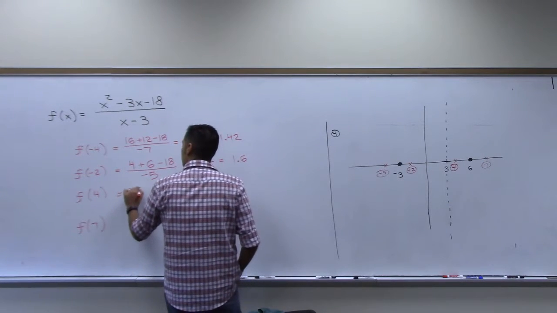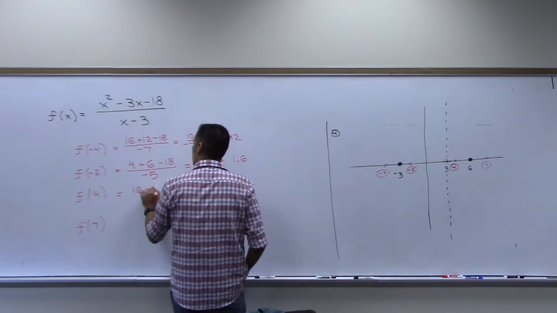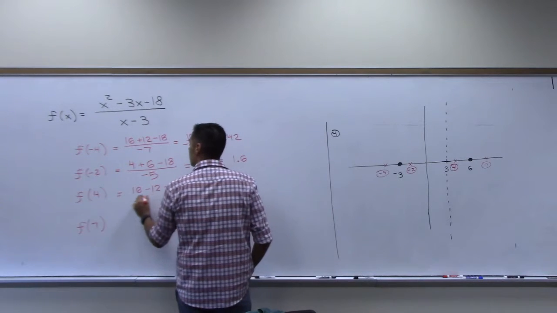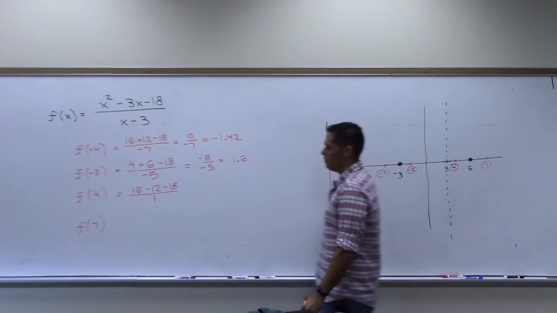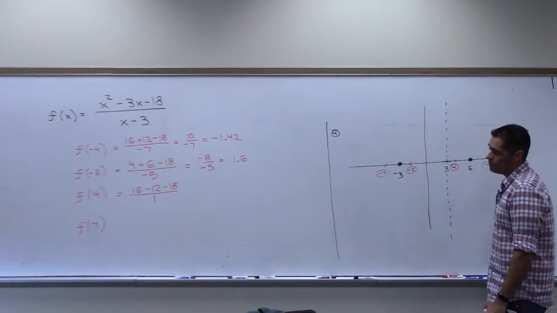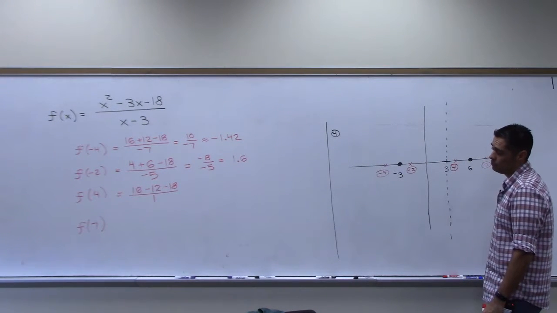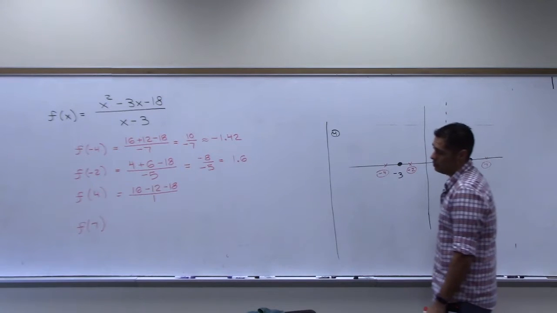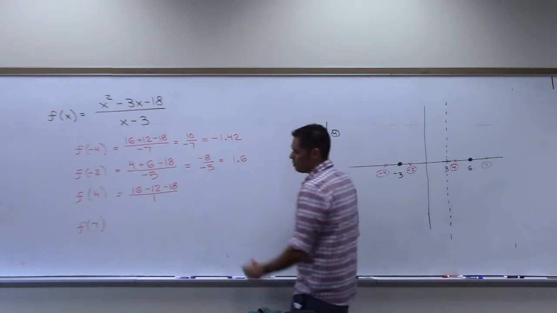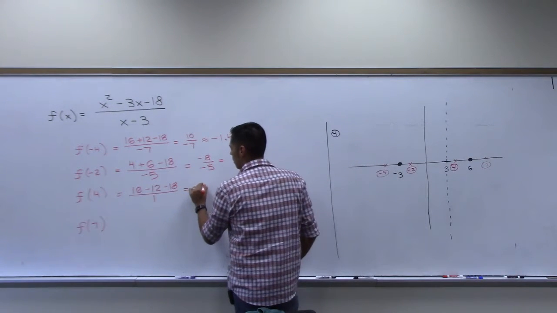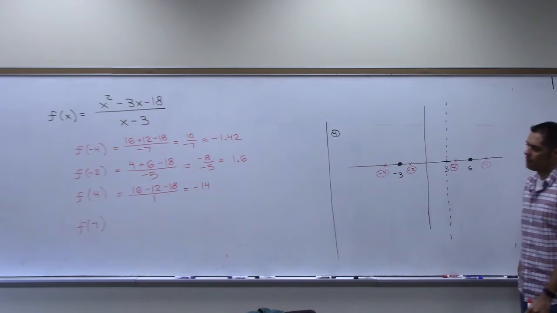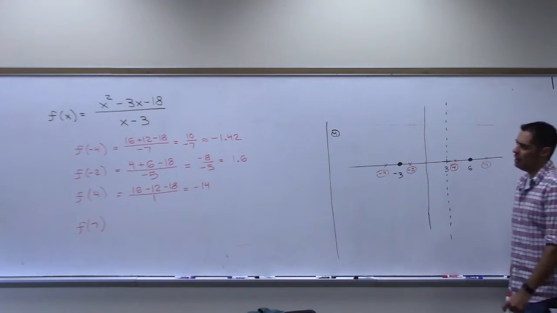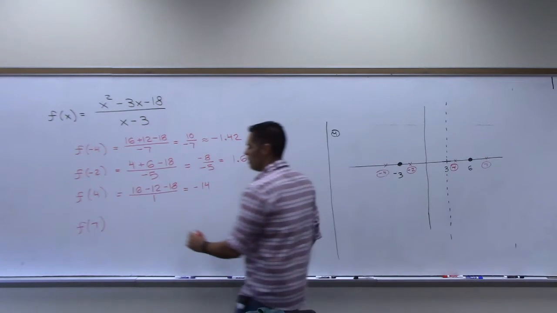Here we're going to get 16 take away 12 take away 18 over, oh that's nice, 4 minus 3 is 1. So what's that? -14. And finally, 7.